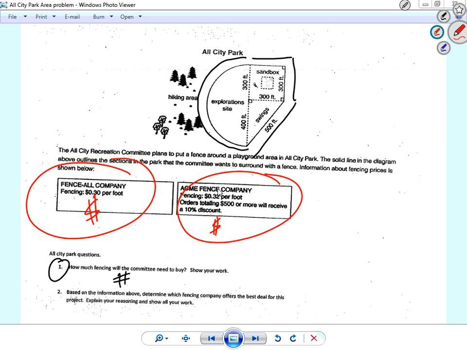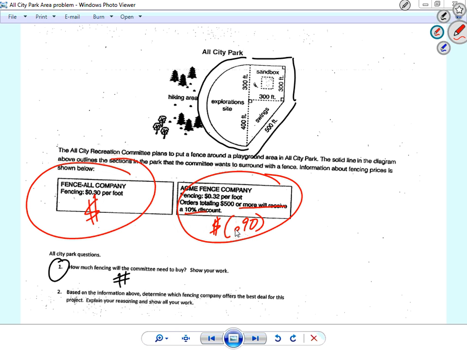However, the second company gives us a 10% discount if we go more than $500. You guys will go more than $500, so you do get a 10% discount. For us to figure out the discount, whatever price they have, multiply this by 0.90, because if they give you a 10% discount, that means you pay 90%.